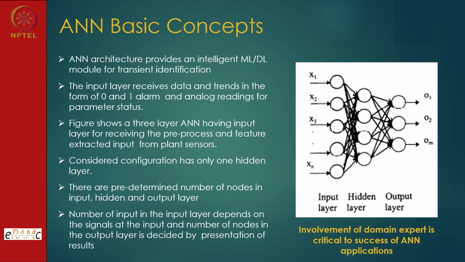The number of nodes in the input and output layers depends on the application you have, or what you are trying to present as the result of the ANN, and the input layer is governed by the number of inputs that we are feeding to the ANN.